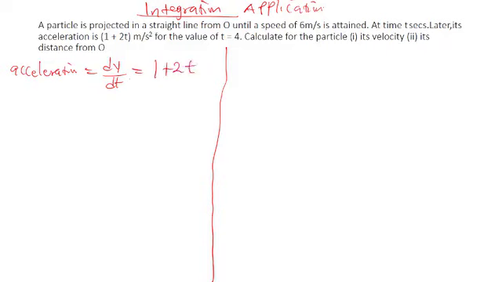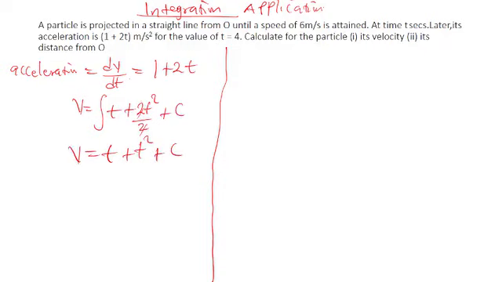So with this, before we continue reading, let's get our value of v. Remember, your v will now be the integral of this. So the integral of this with respect to t will be equal to t plus 2t squared over 2 plus c, which is equal to t plus t squared plus c.